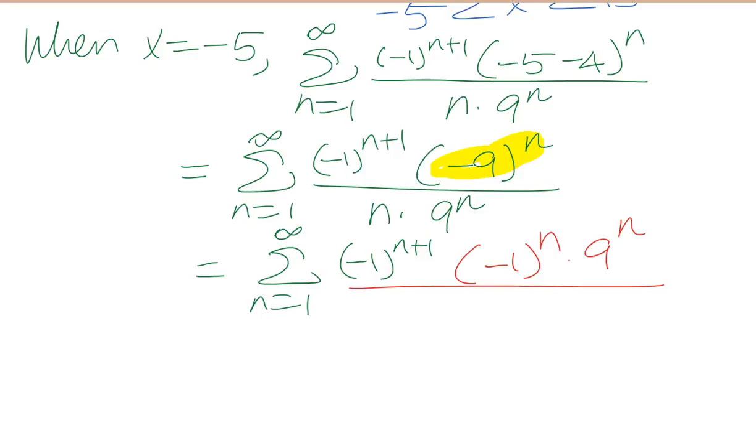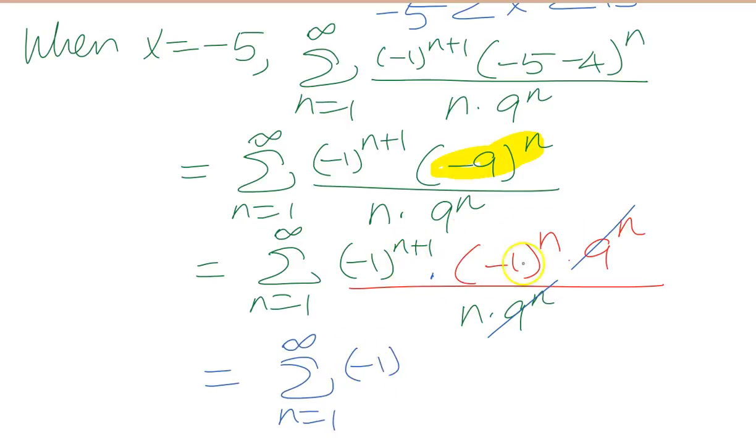And the denominator is n times 9 to the n. The 9 to the n's cancel out. And then if you continue to simplify, you will see that you are multiplying with like bases. Put the base down, add the powers, n plus 1 plus n, that's 2n plus 1 over n.